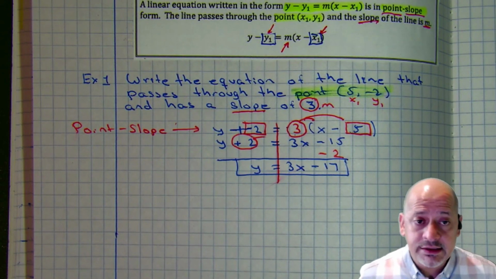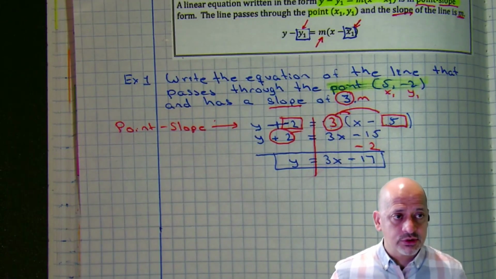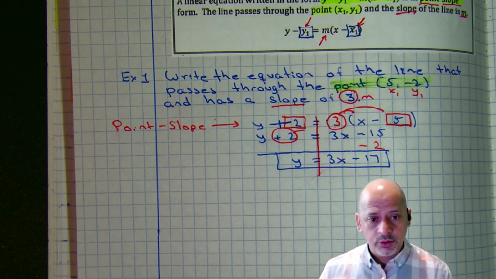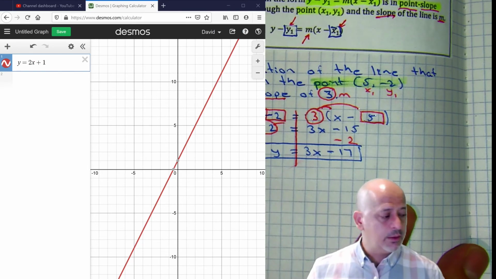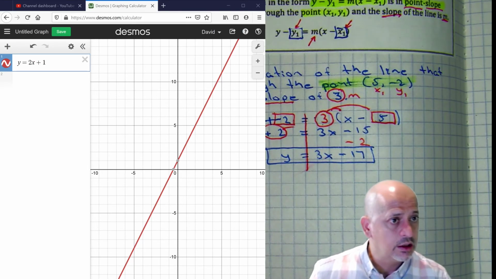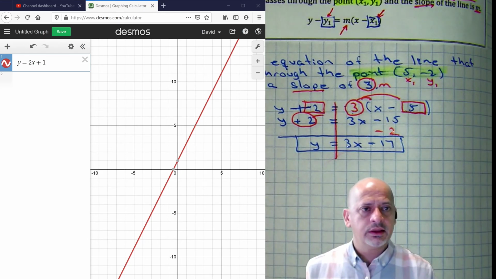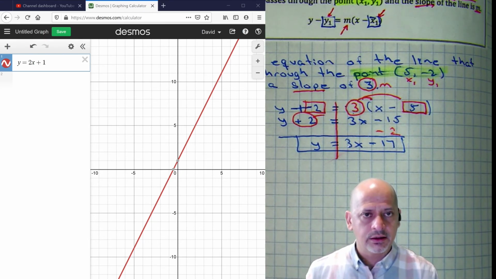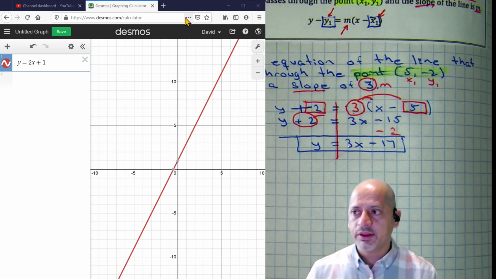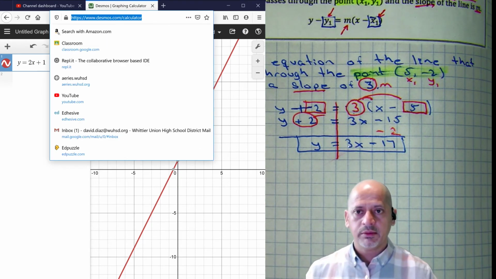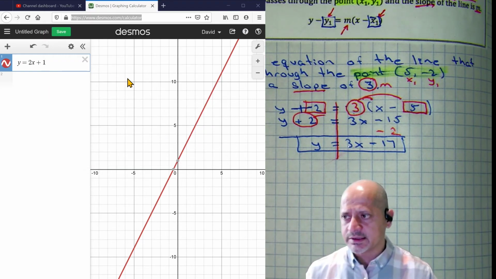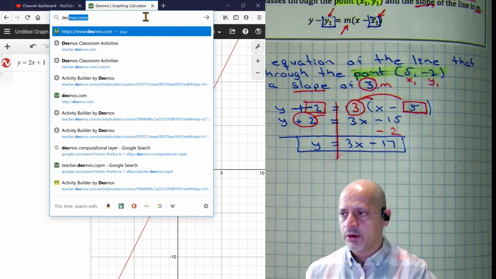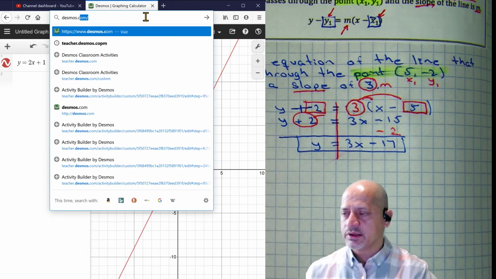Now we can actually test it. So let's go through and use Desmos, and I'm going to type in the information that's provided for me. This is not our line, right? So if you go to desmos.com, and we've done this in class, so you should be comfortable using it.